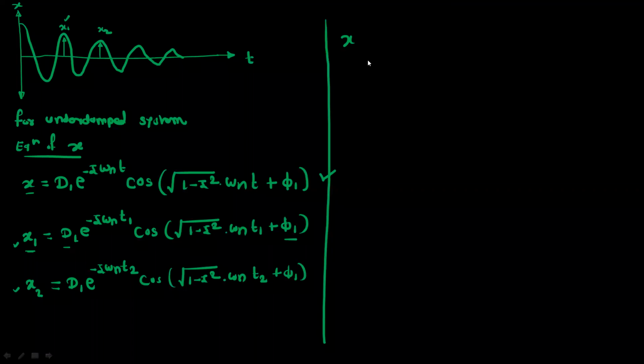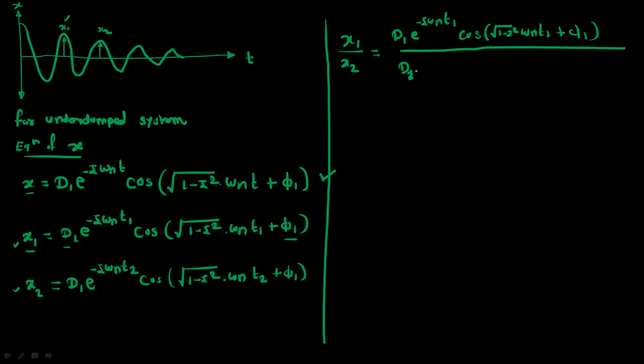So now take the ratio x1 upon x2. So this is equal to d1 e raised to minus zeta omega n t1 cos square root 1 minus zeta square omega n t1 plus phi 1, and d1 e raised to minus zeta omega n t2 for displacement x2 cos square root 1 minus zeta square omega n t2 plus phi 1.